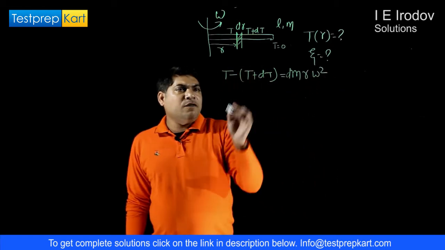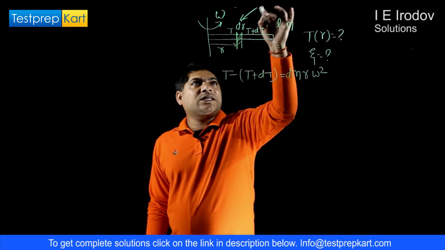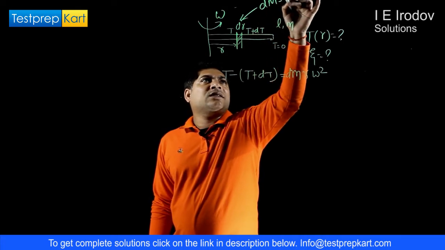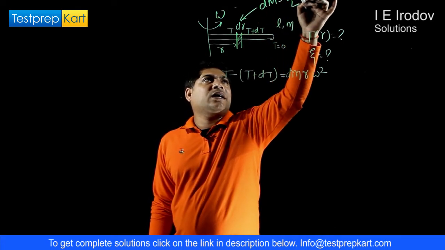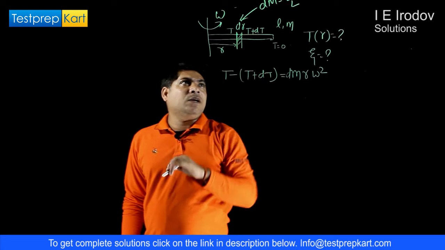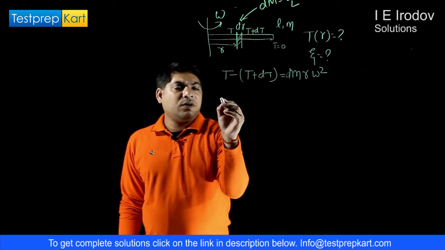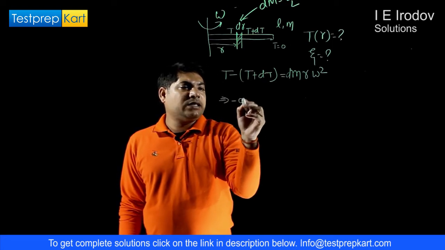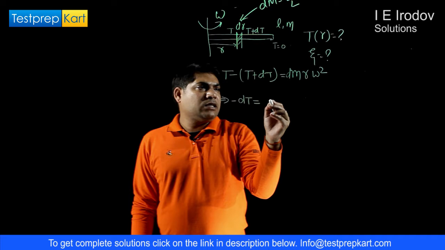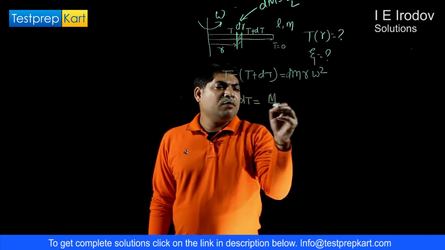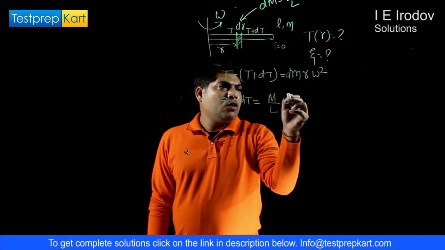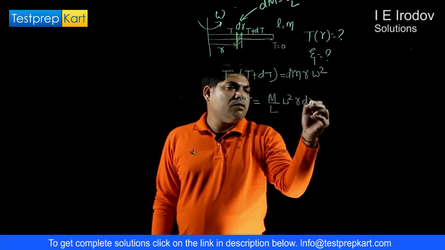Now we can get dm for this segment: mass per unit length into the length of this segment. So from there we'll get minus dT is equal to m over L omega square r into dr.